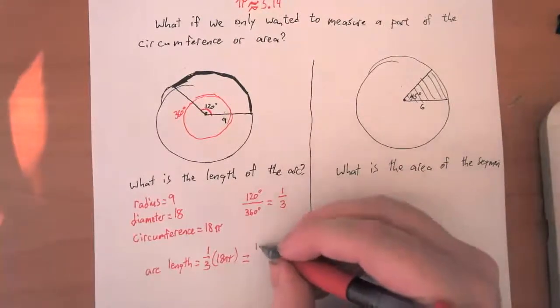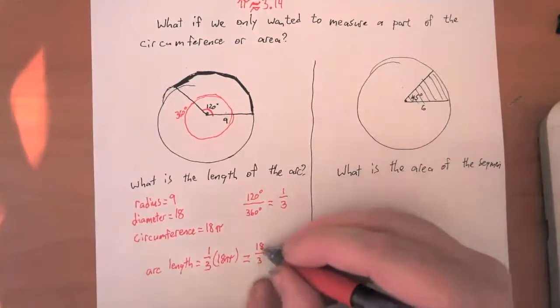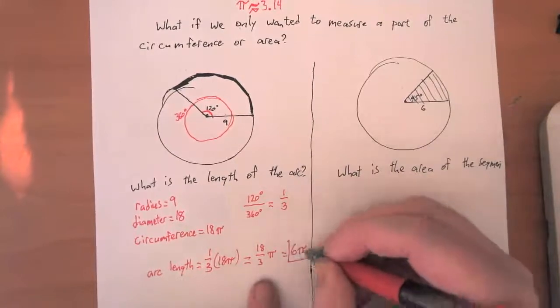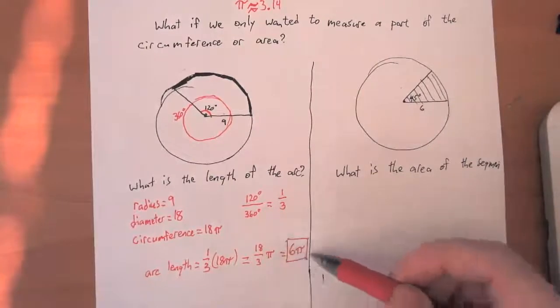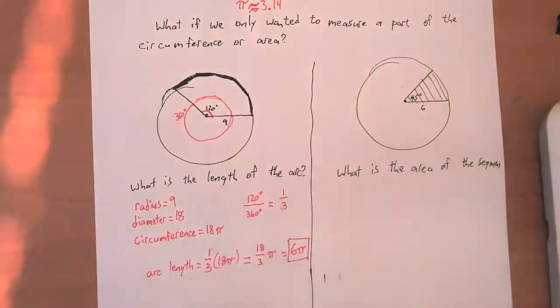And so that's 18/3 times pi. And I can simplify that because 3 goes into 18 6 times. And so there is my final answer. If I want to leave it in terms of pi to have an exact value, the length of this arc would be 6 pi.